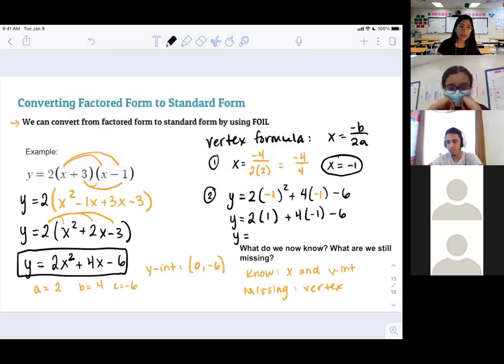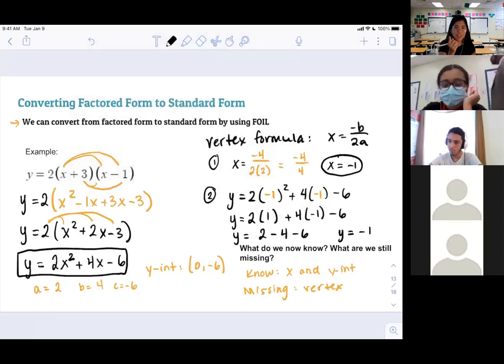All right, now we multiply. Who can give me what I get? 2 times 1, 2, minus 4 minus 6. Simplified, it's 2 minus 10, negative 12. Wait, hold up. What did you do? 2 minus 10? So it's negative 4 minus 6.